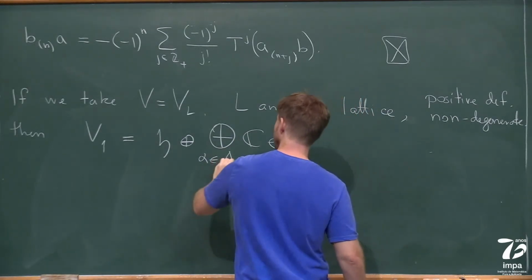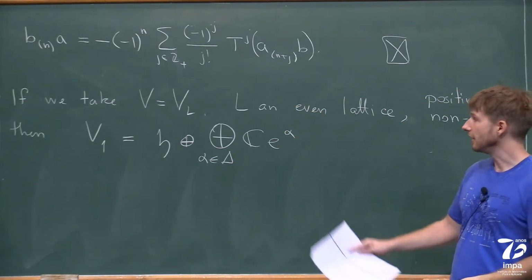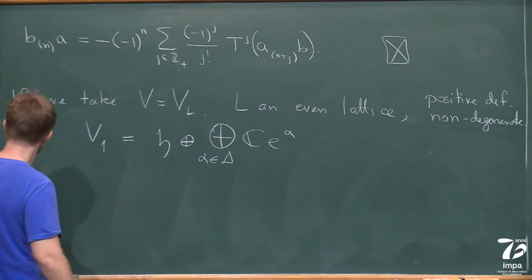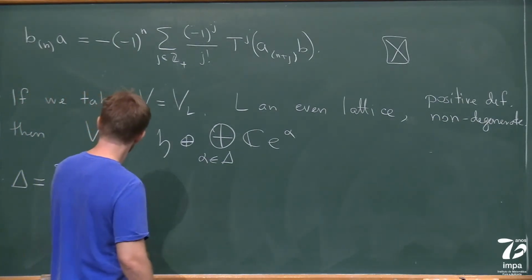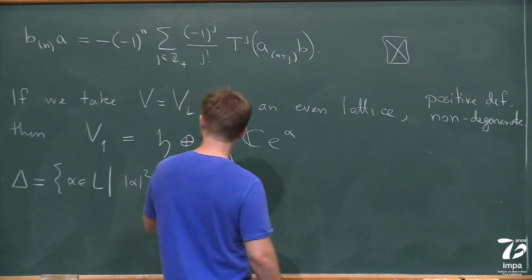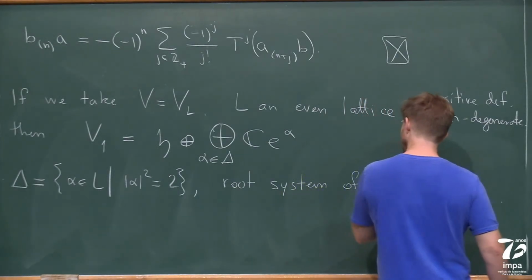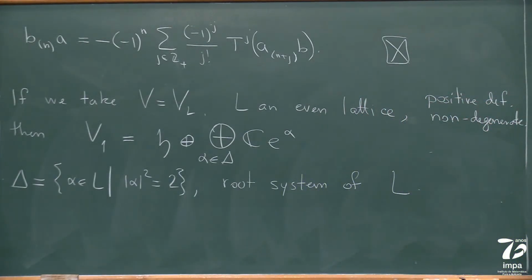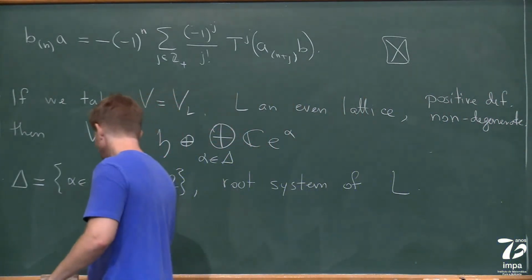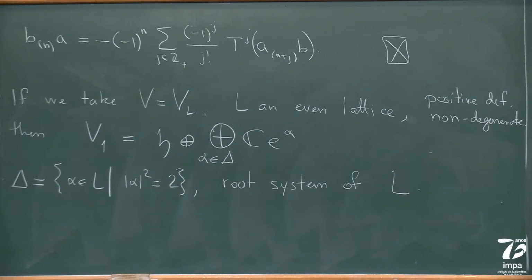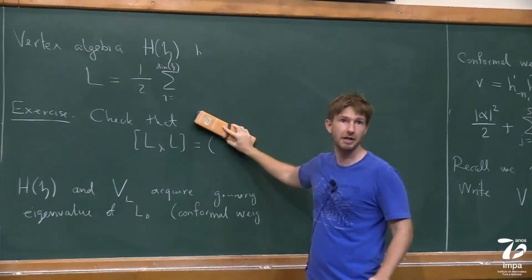So we get these guys, where alpha lie in delta, where now there's a different delta than before, where delta is the so-called root system of the lattice L. And if the lattice is positive definite, then this is some finite set, right?